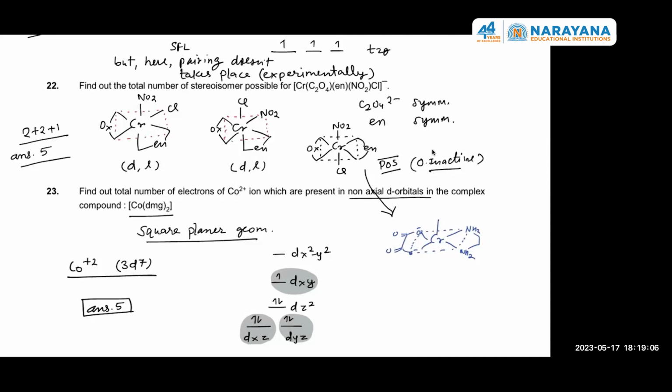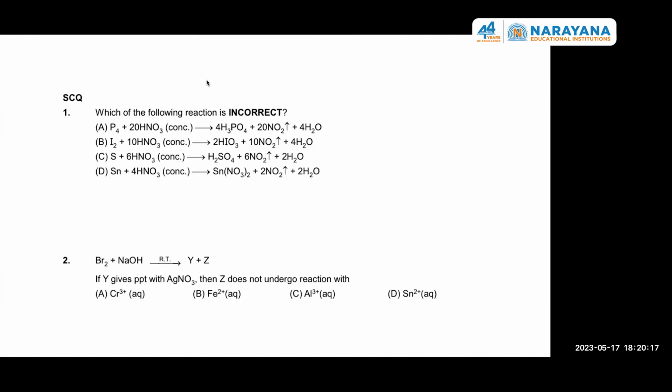Now we have NO2 and chlorine in the 180-degree opposite case. So you can simply mark a plane which will bisect NO2 at its place, chlorine at its place, and bisect the ligand from between. Can you imagine that plane?